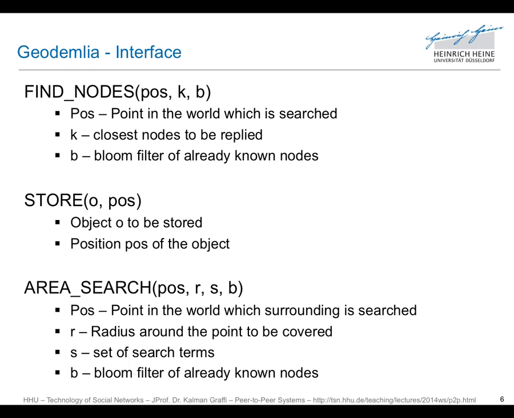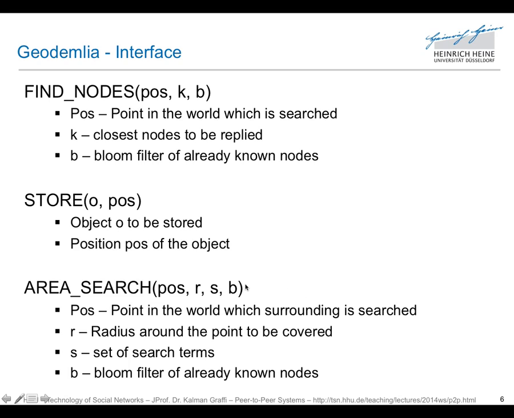The second point, please store this object at that position. So link it to it, and if somebody makes a lookup for this position, then it should retrieve the object. And you can also create an area search. So this is the position, this is the radius, these are the search terms I'm looking for.